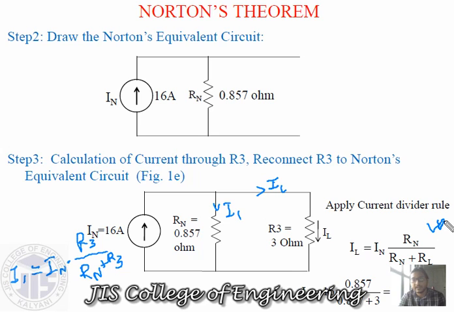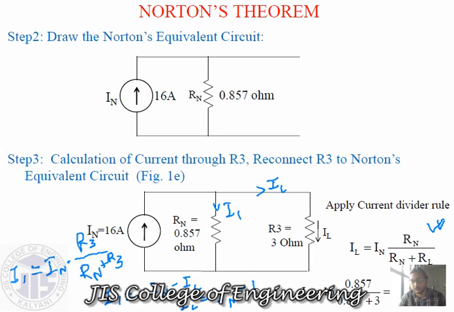Simply after finding the IL current, you can find this I1 current like this also: I1 is equal to our overall current IN minus IL. This is also possible, no problem. If you first find this I1 current, then you can find this IL current also: IL will be IN minus I1.